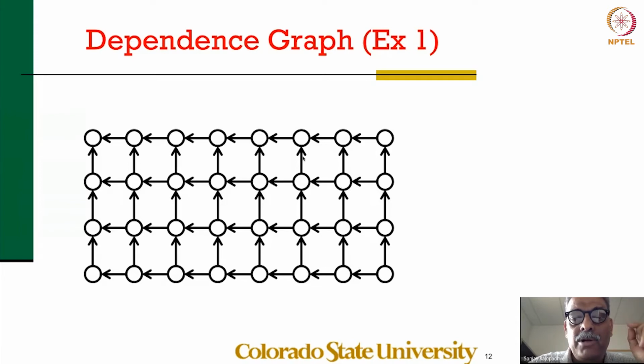In particular, the east neighbor of i minus 1, j is a consumer of that value. You agree? The other consumer is the iteration ij itself. So, in addition to these dependencies, what happened?